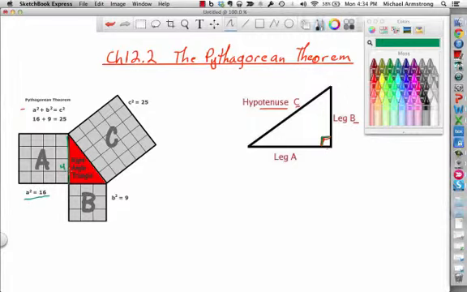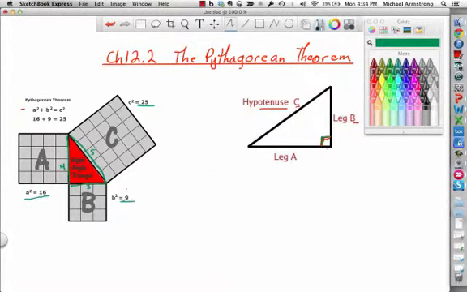Over here the length of this side is 3, and if you drew a square around this edge, 3 by 3, you get 9. And if you look at this side and add your boxes, you get 1, 2, 3, 4, 5, and this square is going to be 25.